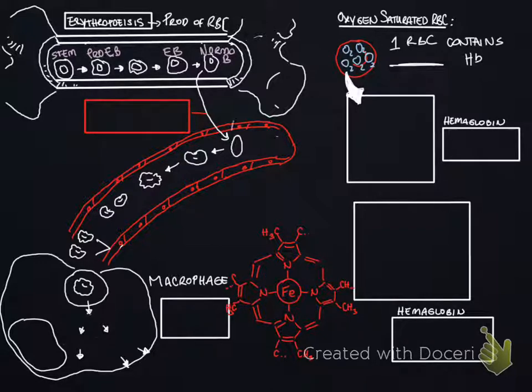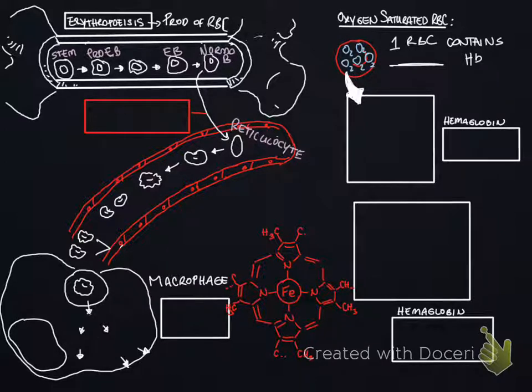So here's our reticulocyte. So let me say that again. Once it becomes a normoblast, it turns into a reticulocyte. It stays in the bone marrow for about 3 days, and then it goes into circulation, into the blood.